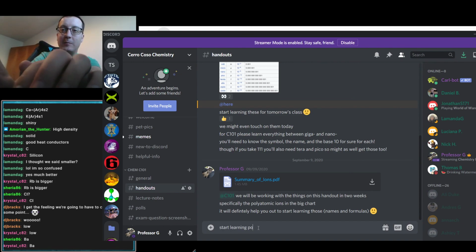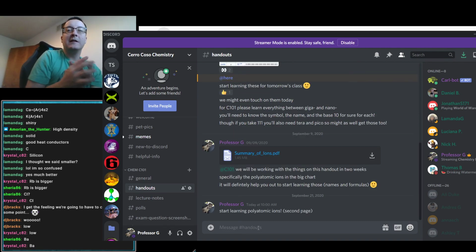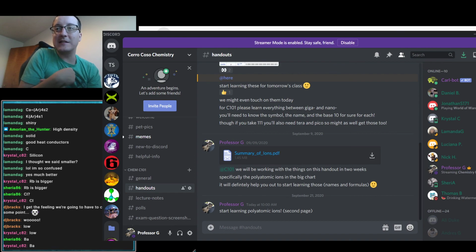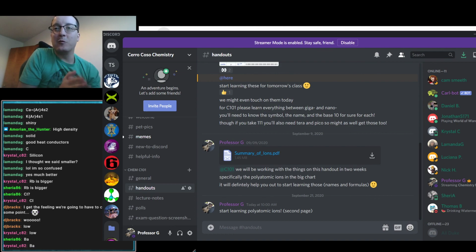Start learning polyatomic ions, which are on the second page. That means the charge and the names and the formulas and everything. At some point, ideally, you will want to commit this to memory. There are a lot of patterns here that you'll be able to see. Work on that. It'll make your life a lot easier.